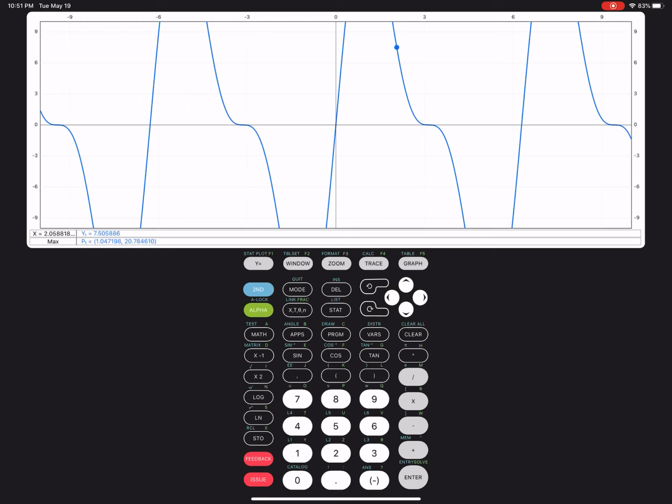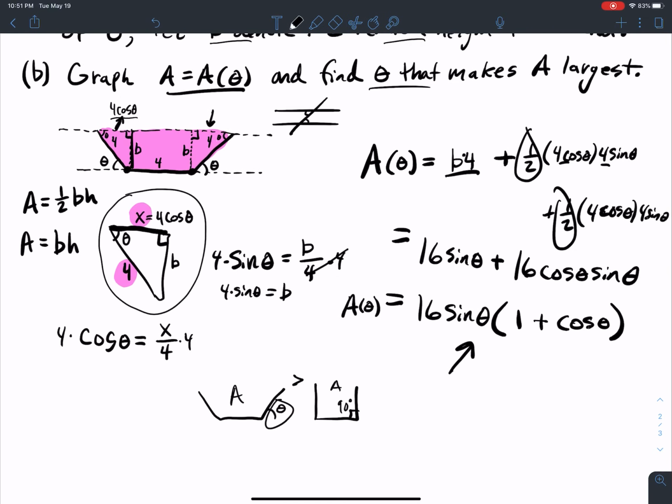So it looks like the maximum is at an x value of 1.047. So theta equals 1.047. Now, you can leave it like that, or you can convert that to degrees. That's 180 over pi.